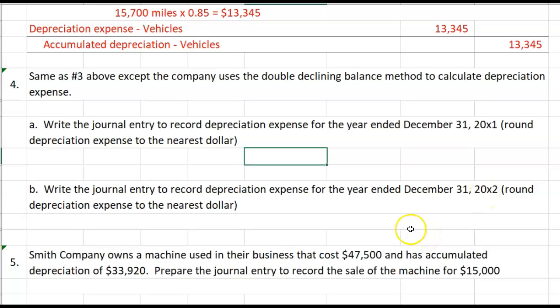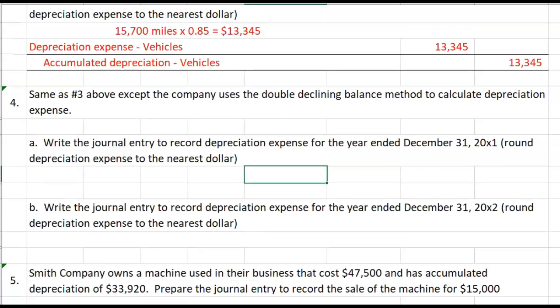So go ahead and calculate depreciation expense for 20X1 and 20X2 using the declining balance method. Then go ahead and write the journal entry for Part A and Part B. Now let me give you a big hint.